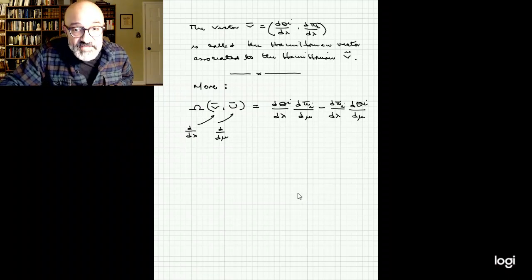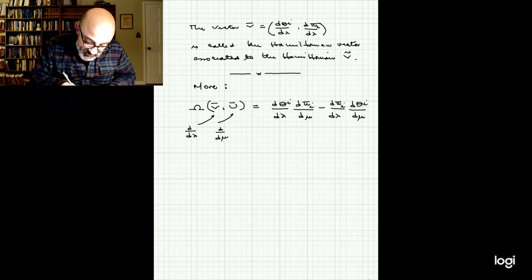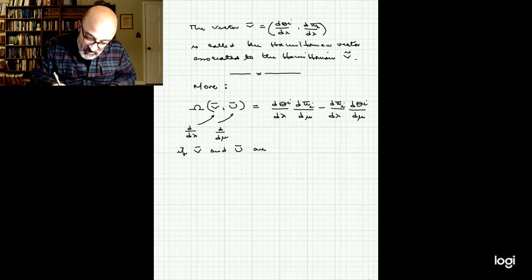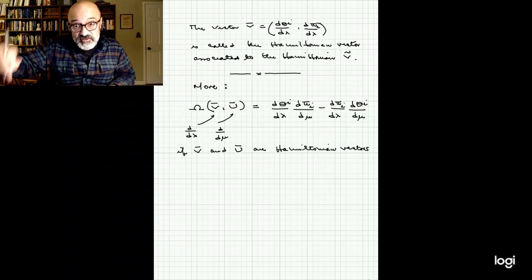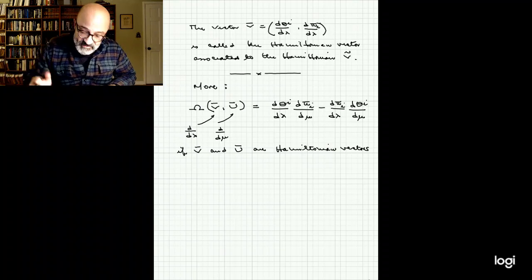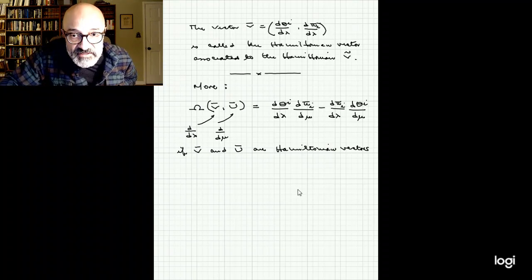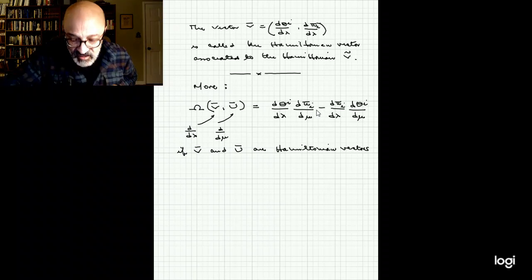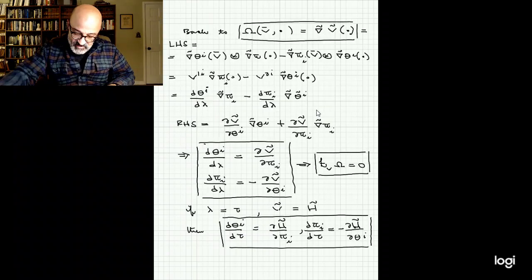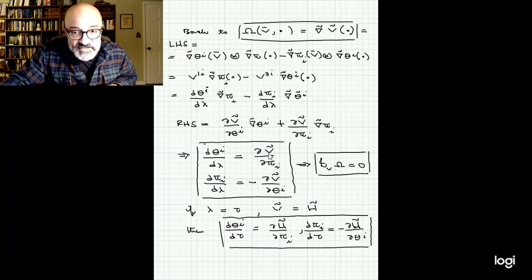But if v and u are Hamiltonian vectors, in other words, they induce a flow that preserves the symplectic form, then we know that these are given by expressions of this form, by gradients, right?